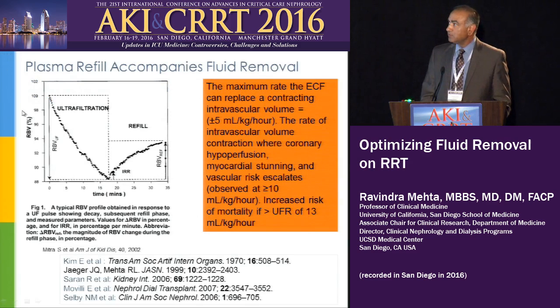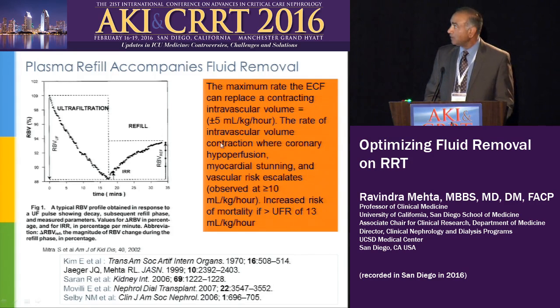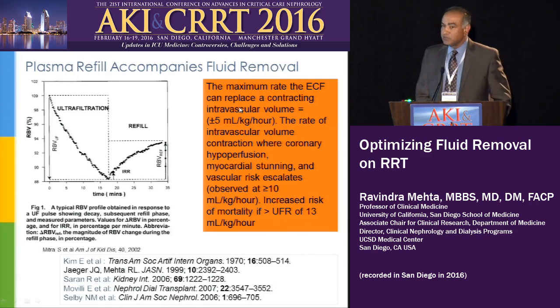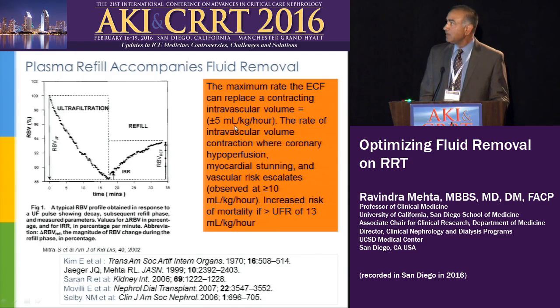So as a consequence, if you look at a traditional dialysis program, at the end of a dialysis session you will see this refill occurs into the blood volume. The faster you remove, the more this refill is going to be, and the more that correlates with overall myocardial stunning and hypoperfusion. What we've shown in the past, looking at a combination of bioimpedance and Crit-Line monitoring, is that the maximum plasma refill rate in most people is about 5 mLs per kilogram per hour.